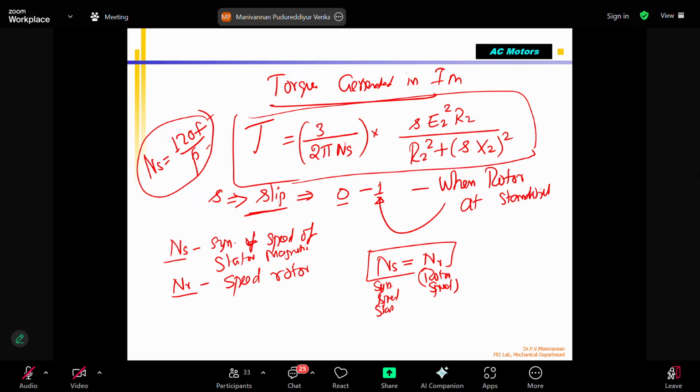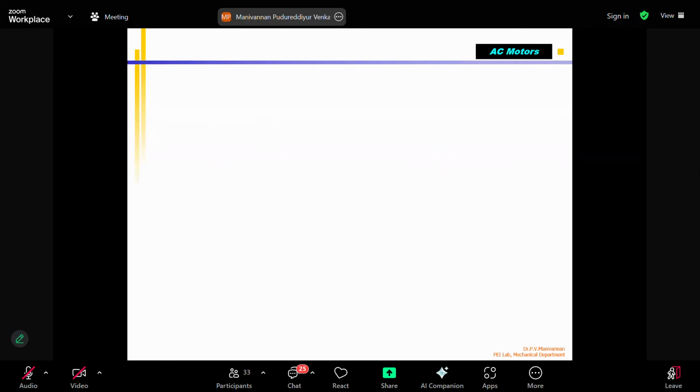So the motor speed can be computed using the slip. In fact, there are two things, slip and slip speed. Slip speed equal to ns minus nr. Already I told you nr is the actual rotor speed and ns is the synchronous speed of the magnetic field. Then slip s equal to ns minus nr divided by ns.